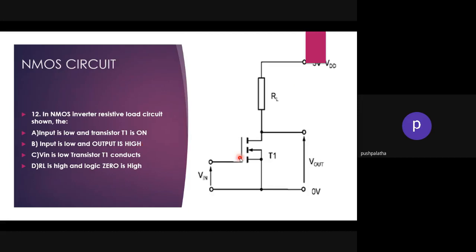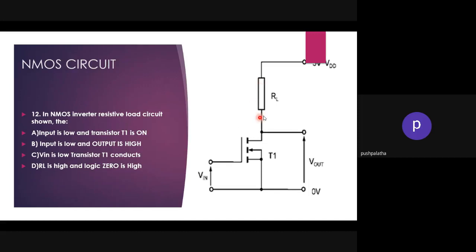See, if I go for the first one, input is low and if it is turned on, whatever the output may be will go to the ground level. So first of all, when input is low, T1 will never be on. So option A and option C are both ruled out. RL is high.